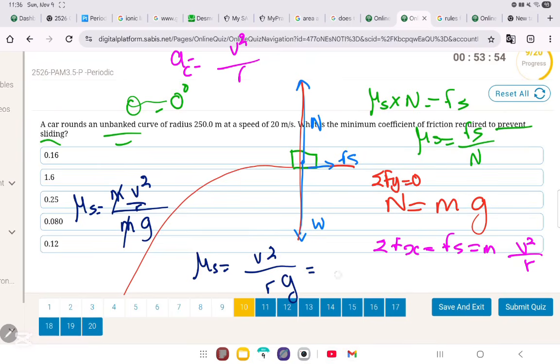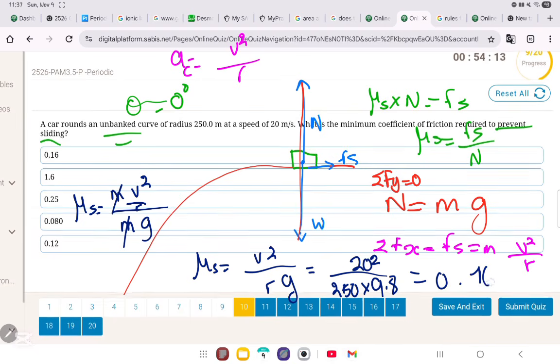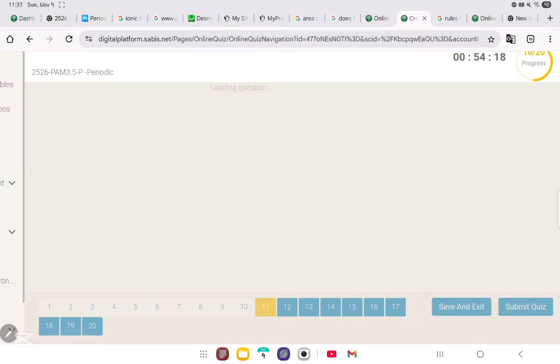So it's 20 squared over 250 times g, which, if they don't give it to you, is 9.8. So 20 squared over 250 times 9.8. That's going to be 0.16. So this is the coefficient, 0.16. Perfect.